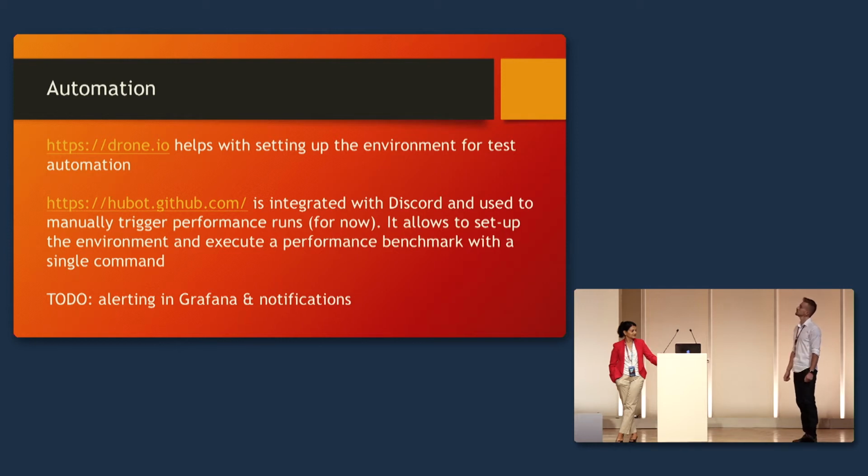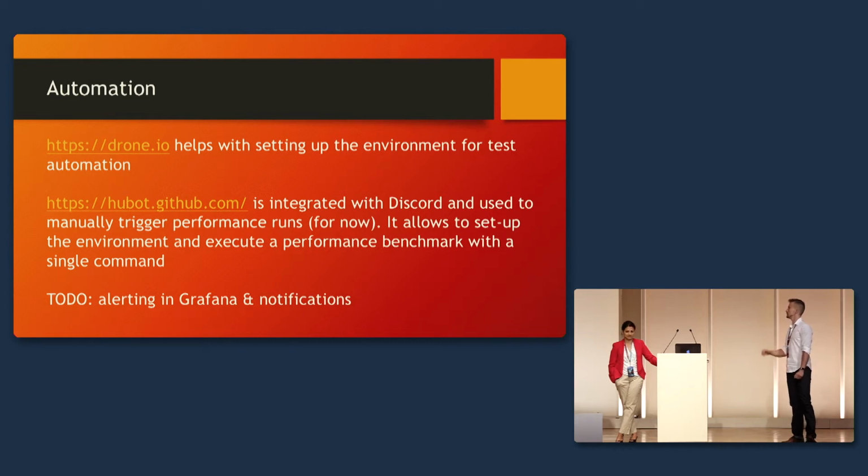We also have HuBot, which allows us to trigger benchmarks for now, because at some point we'll have this done automatically for every pull request, so that we can decide whether we want this code to make it to the dev branch or not, and then in the end be released.